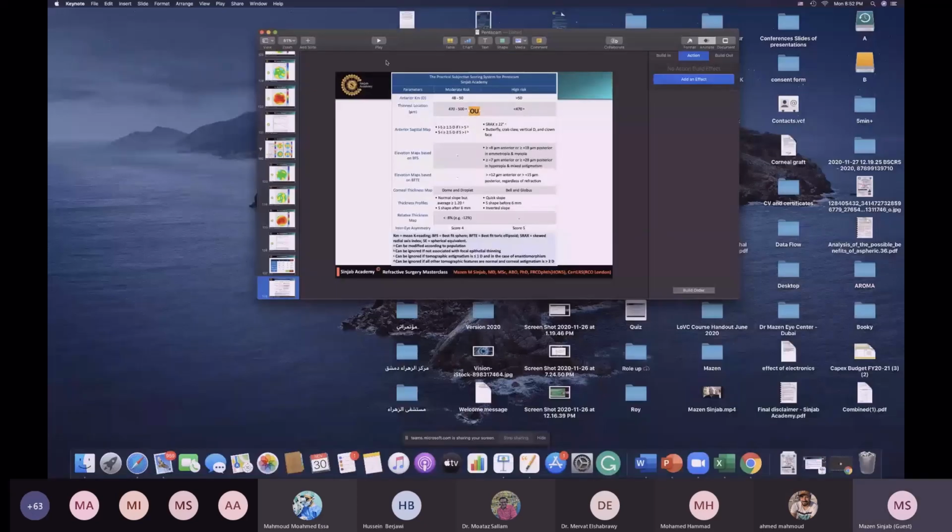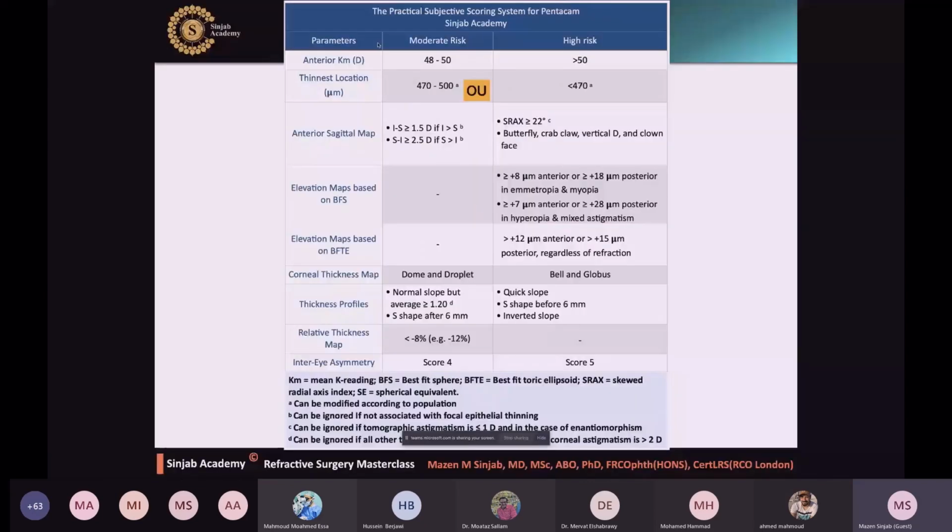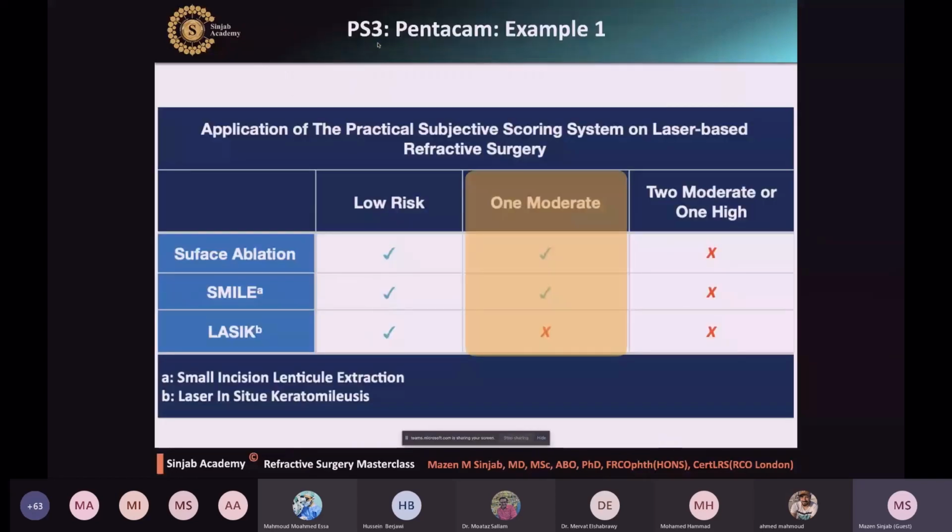So we have both eyes with thinnest location less than 500 microns, and the left eye is borderline at 469. So if we are planning to do LASIK or something, then we can go as one moderate risk in each eye. So we can go for surface ablation or SMILE. And we don't recommend doing LASIK.